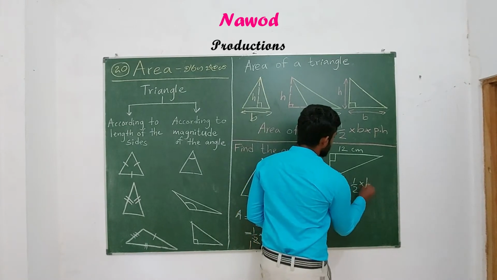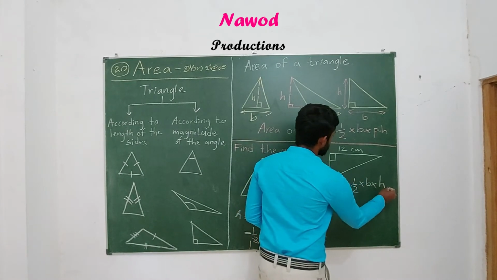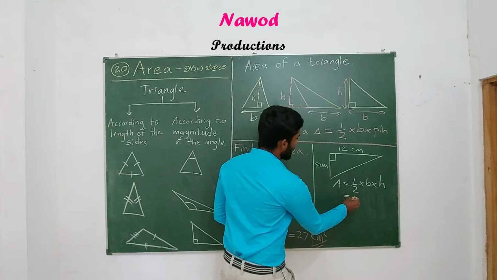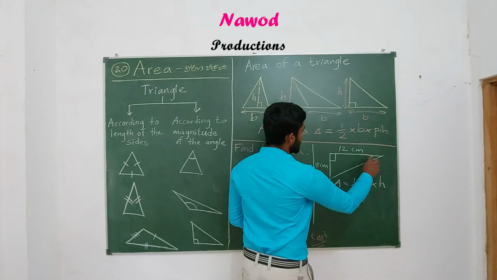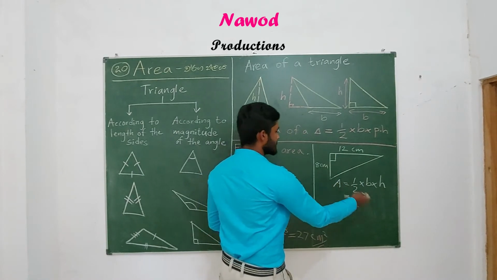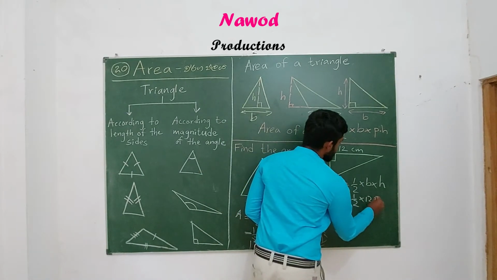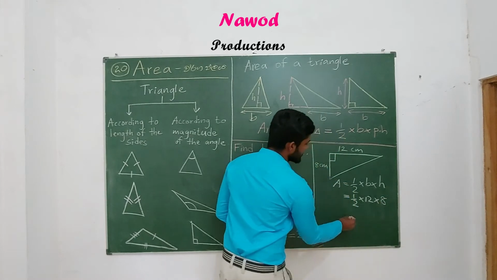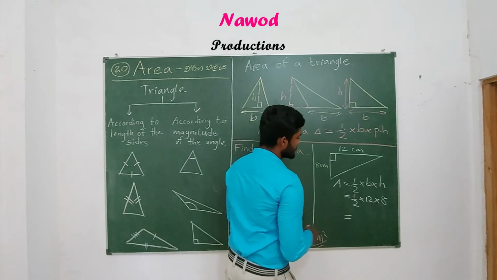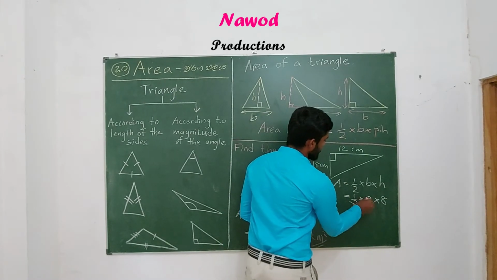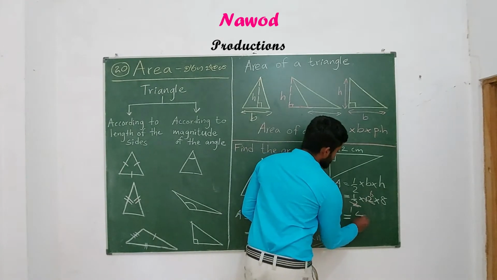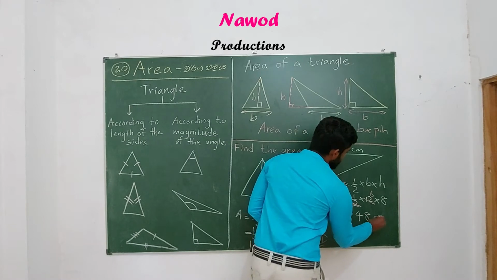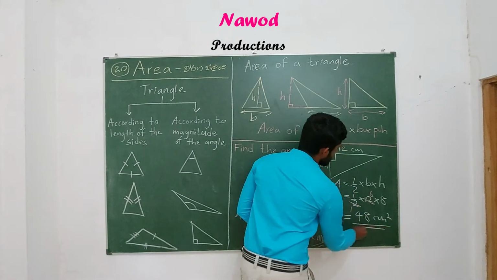Then here, area is half into base into perpendicular height, half into base is 12, perpendicular height is 8. 12 into 8, we can cut this 2, 2 into 1, 2 into 6, 6 into 8, 48 centimeters squared.